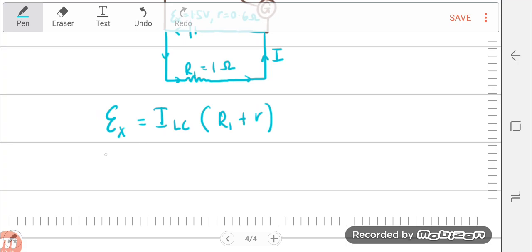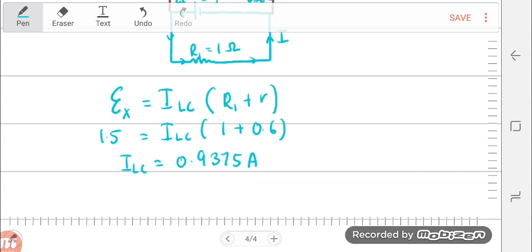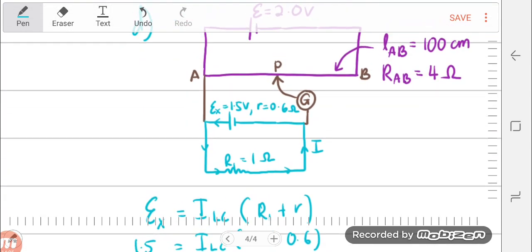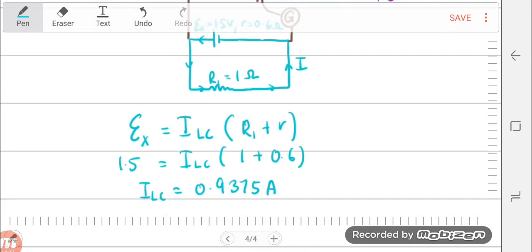So EMF is 1.5 equals to ILC times R1 is 1 and internal resistance is 0.6. So you can get your I for the lower circuit as 0.9375 ampere. And then from there, we can find the VAP.